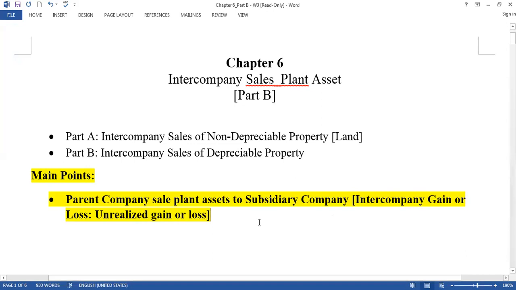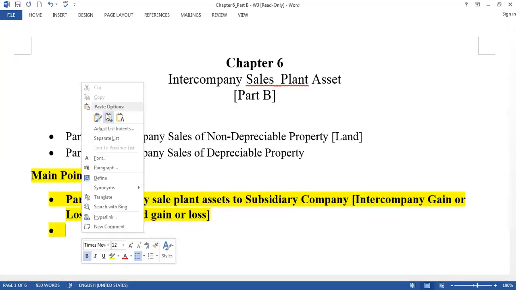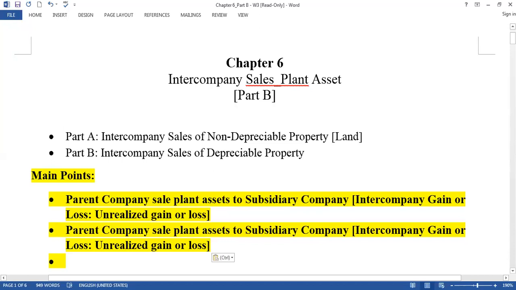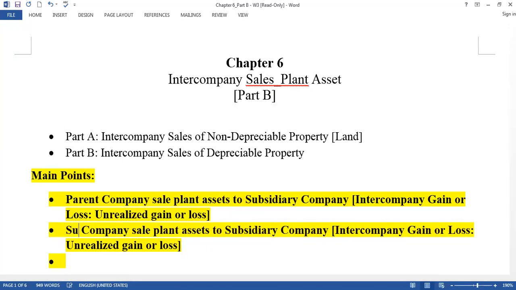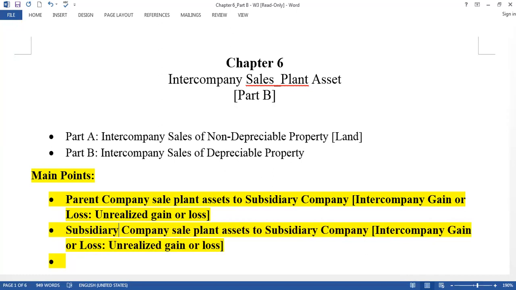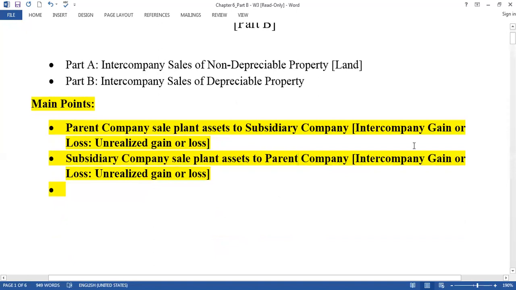So this is the parent company selling plant asset to the subsidiary. We may have the opposite, like a subsidiary company selling plant asset to the parent company. In both cases, we have intercompany gain or loss, and it is called unrealized gain or loss. So what should we do in this case?